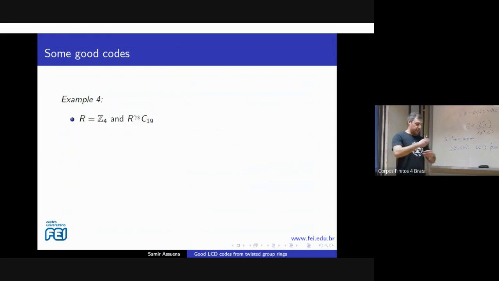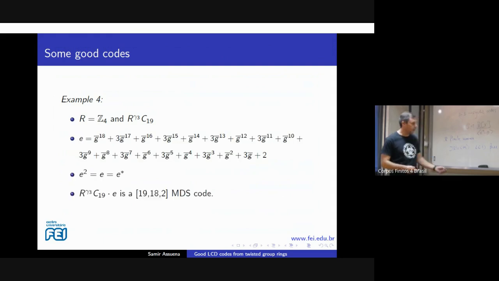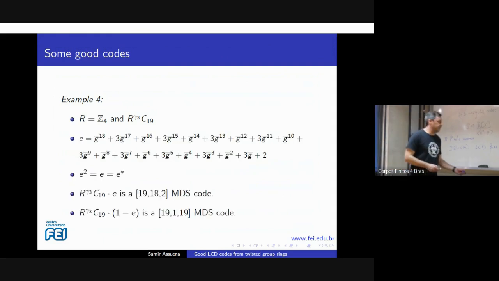So, if we replace the field by a commutative ring, the natural one, Z_4 for example, and the group here has order 19, we obtain over this ring good codes, and in this case the dual code is also a good code.